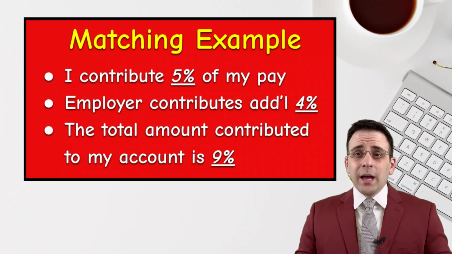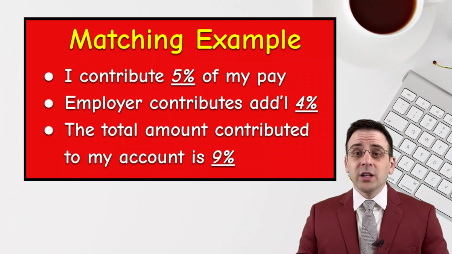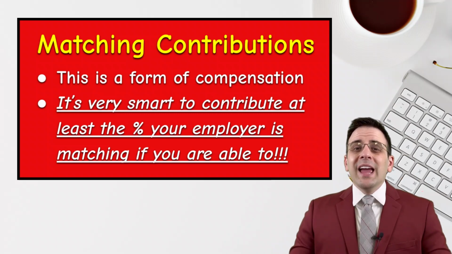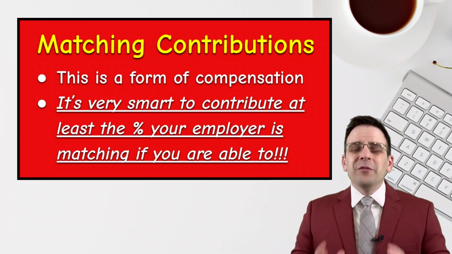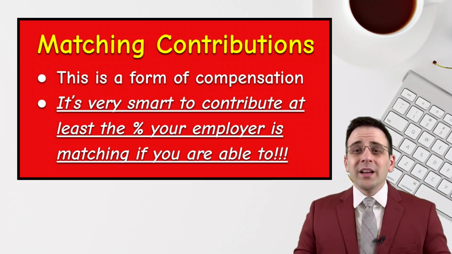Using our last example, I contributed 5%, and my employer will deposit an additional 4% into my account for a total of 9% contributed. This is a form of compensation, and if you are able to, it is very smart to at least contribute the percentage that your employer is matching. Otherwise, you are leaving money on the table.